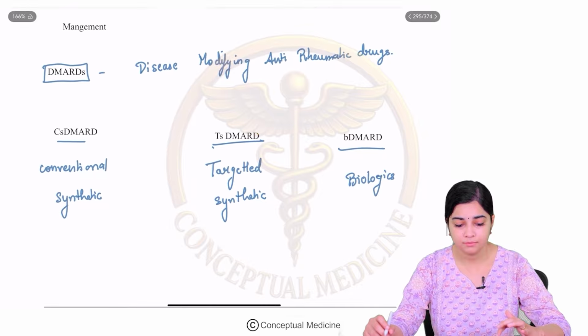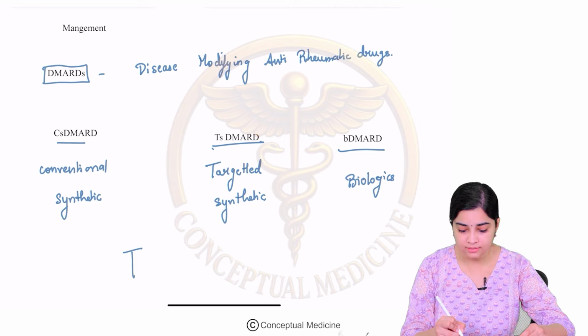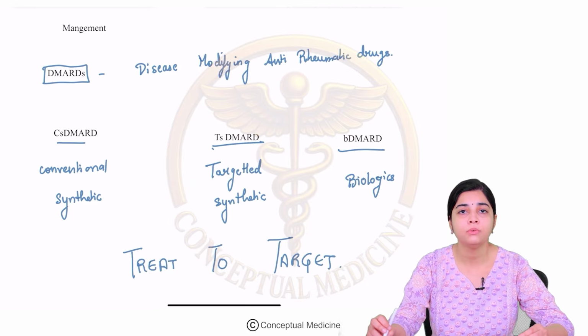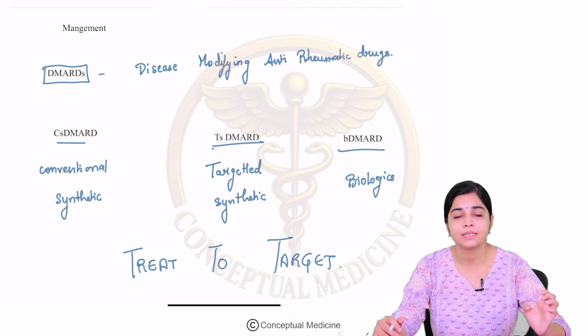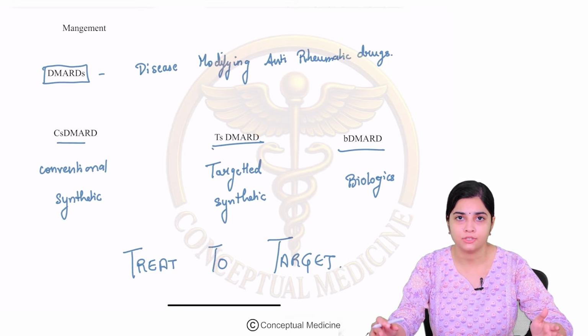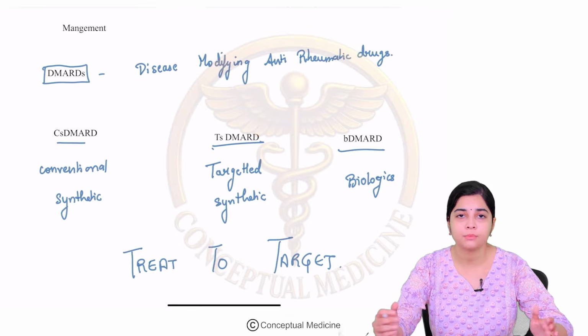And always remember that one motto in the management of rheumatoid arthritis is something called treat to target. So if you go through the ACR criteria, you will find that there are certain targets which are achieved. Okay, so you might have to reduce the tender joint count to less than 1, swollen joint count to less than 1, and so on.